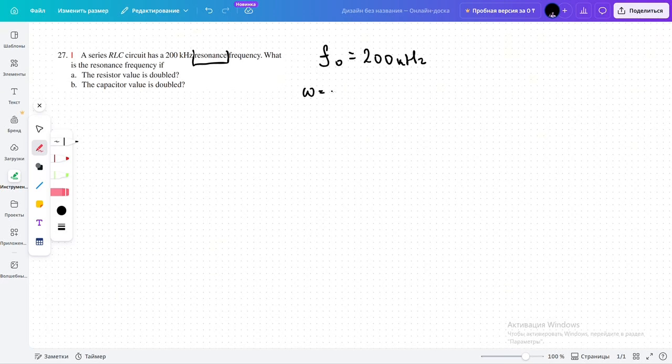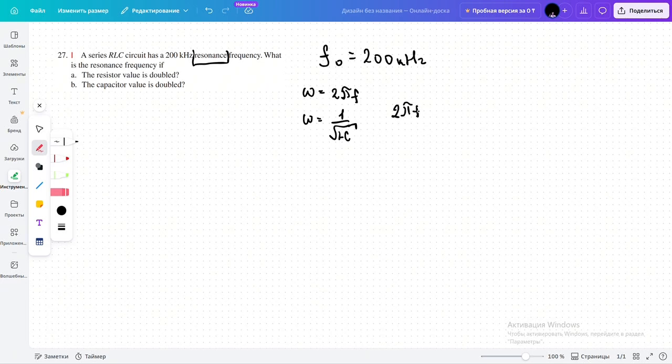The simple formula is 2 pi frequency, and the formula for resonance is 1 divided by square root of LC. So we're just equating these to each other.